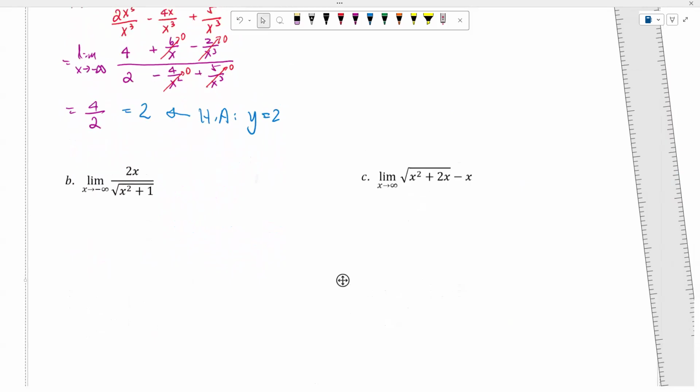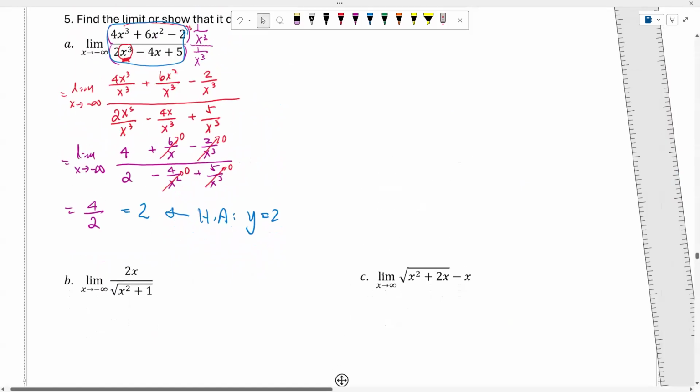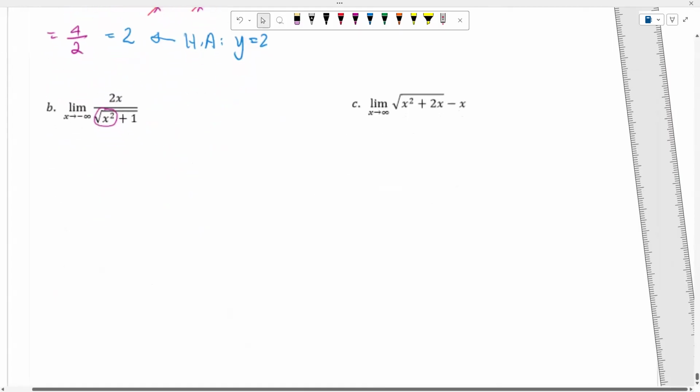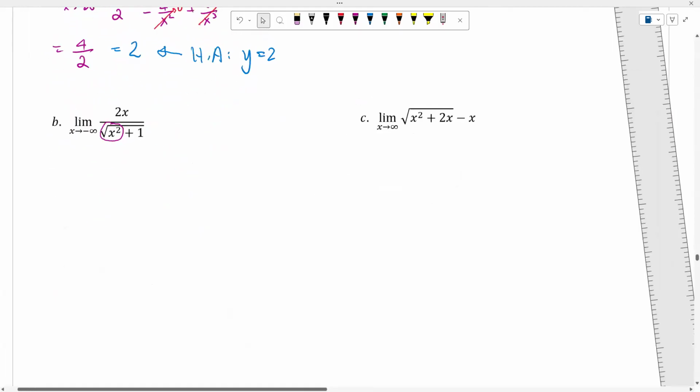Just like the example we had for 5a, we would like to work with the highest degree in the denominator. So in this case, we would like to multiply top and bottom by 1 over the square root of x squared.